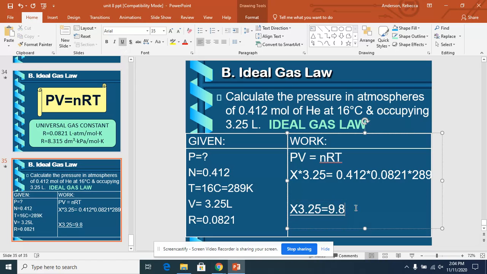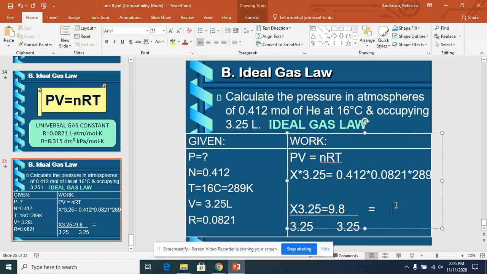So 3.25 and then 3.25. Alright, so now that we have that, equals, oh my, I'm on the struggle bus today.